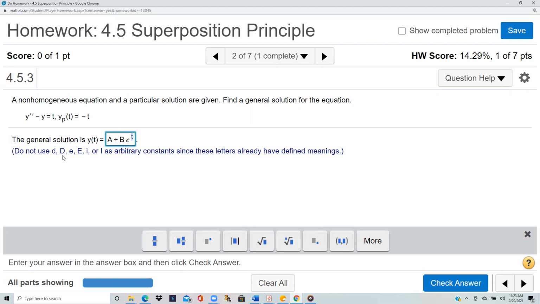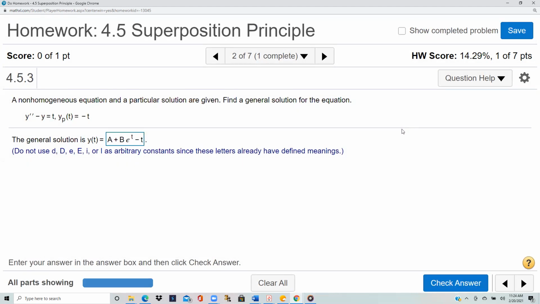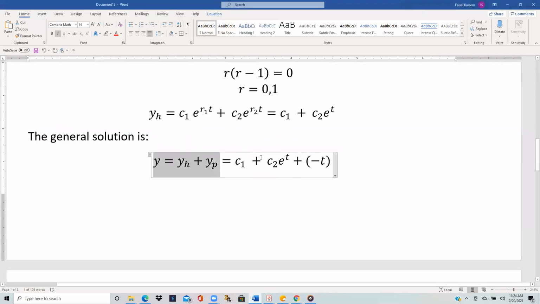I don't have to just use C1 and C2. So I'm allowed to use any constants as long as I avoid these. And then minus t. Well, this looks right: C1 plus C2 e to the t minus t.